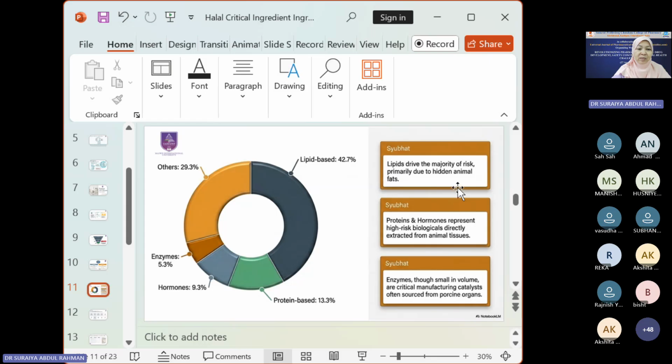Ingredients which are lipid-based drive the majority of risk because lipid-based ingredients are usually sourced from animal fats. Proteins and hormones also represent high-risk biologicals because they are usually directly extracted from animal tissues.